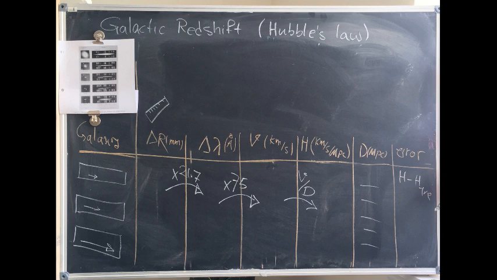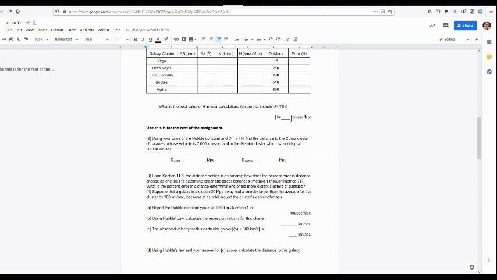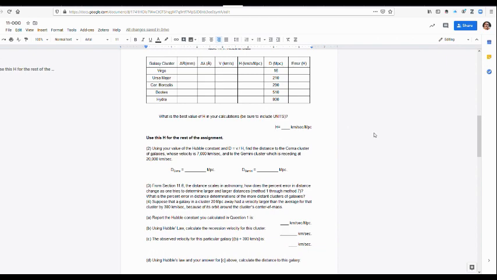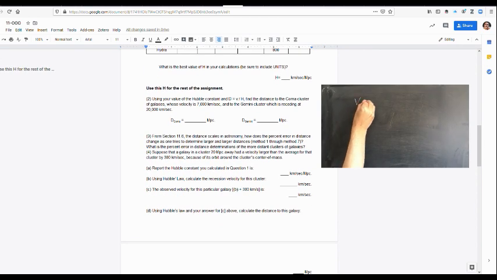So you multiply one column by a number, then you get h, and finally you subtract the different h from the true value to get the error. Okay, moving to the next part. You can use the best h you have, the one with the minimum error, and use this h for the rest of the lab.